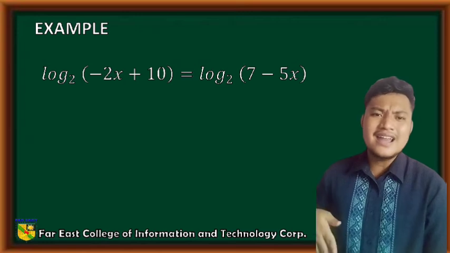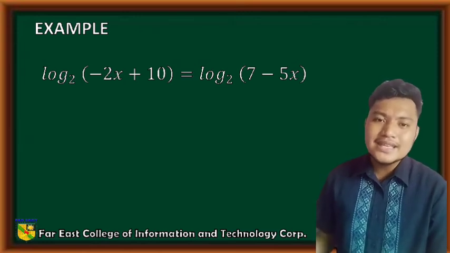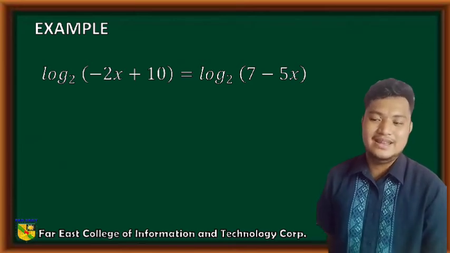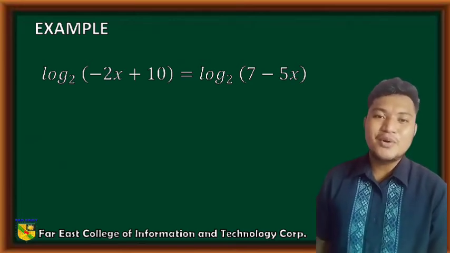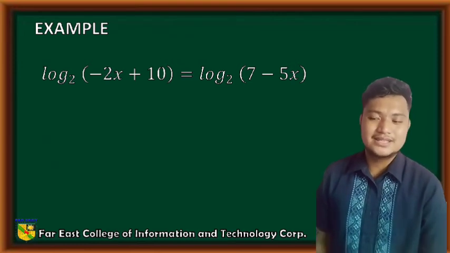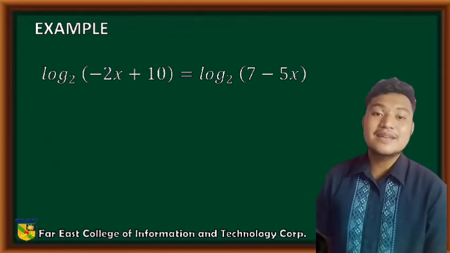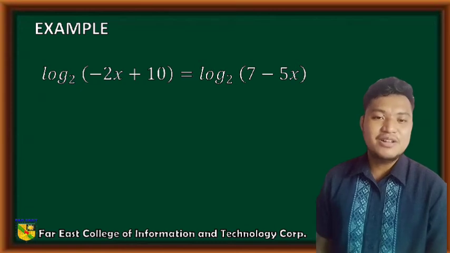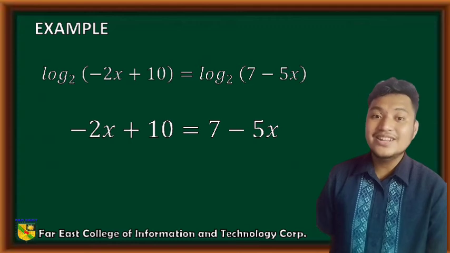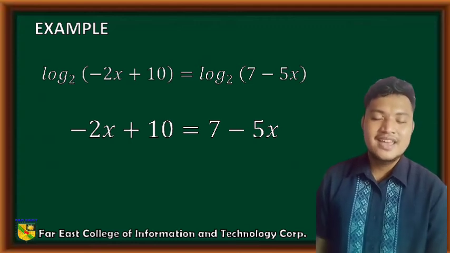If the logs and their bases are the same, they automatically cancel. What remains are the expressions inside the parentheses. So, what remains is negative 2x plus 10 is equal to 7 minus 5x. Then, all you need to do is combine the like terms.